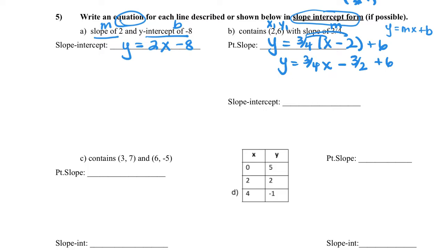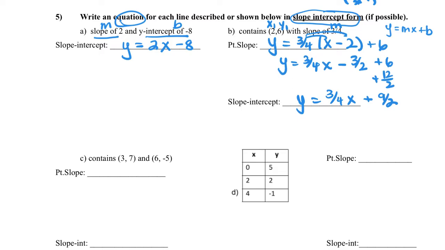I'm going to think of this 6 as 12/2, so I can combine like terms with a common denominator. So y equals 3/4 x, and then I have minus 3/2 and plus 12/2, and so that means I'm going to have a plus 9/2.